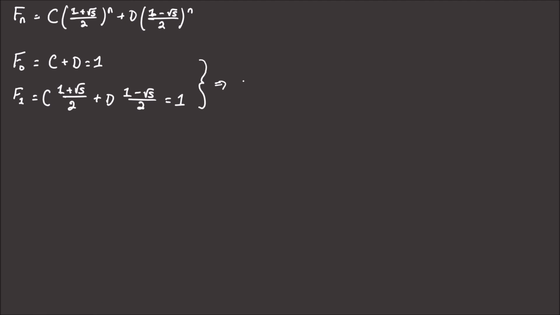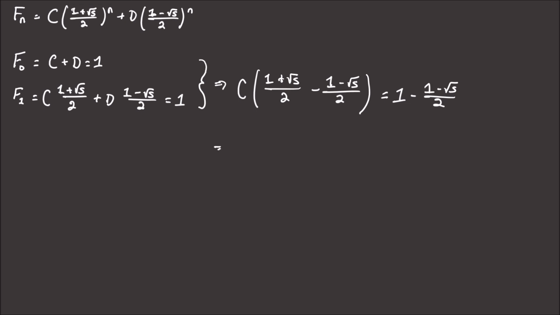So when we add them together, we get c times (1 plus root 5 over 2 minus 1 minus root 5 over 2), and that would have to equal 1 minus root 5 over 2. If we simplify this, we get c times the square root of 5 equals, simplifying the right hand side, 1 plus the square root of 5 over 2.